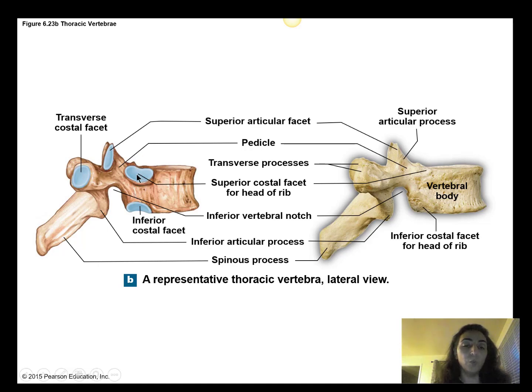So this superior with the inferior of the above one, it's just one rib attached here. The same is for this inferior with the superior of the lower vertebra. The rib is attaching here, and also imagine this rib is going and attaching to these other ones. When we get to the rib, I will show you how the rib has two points of attachment to a thoracic vertebra.